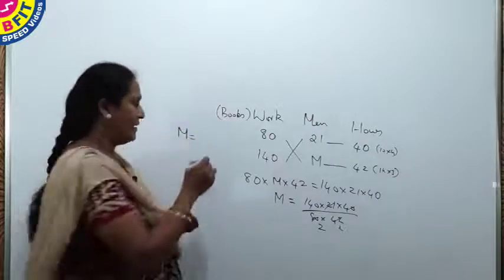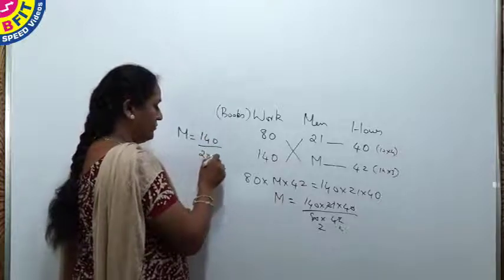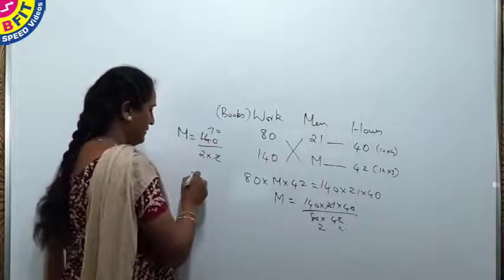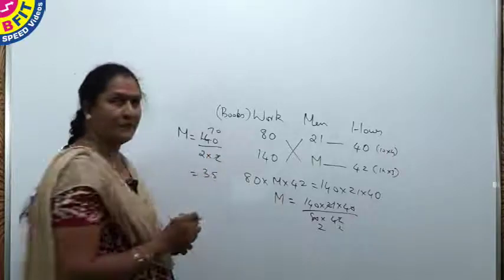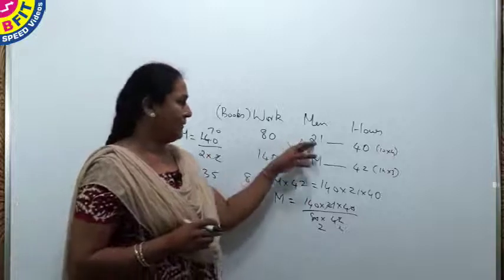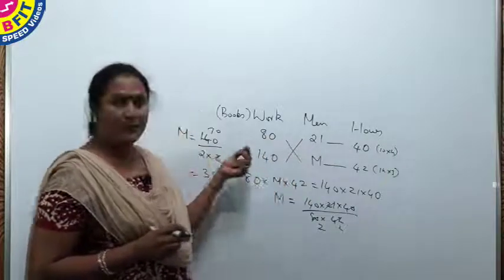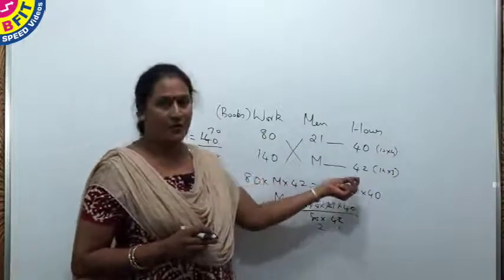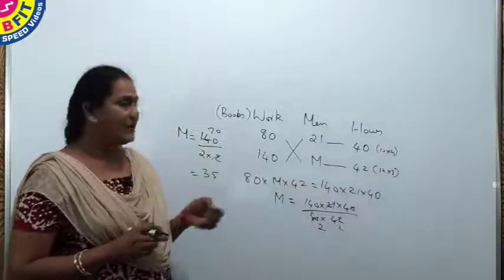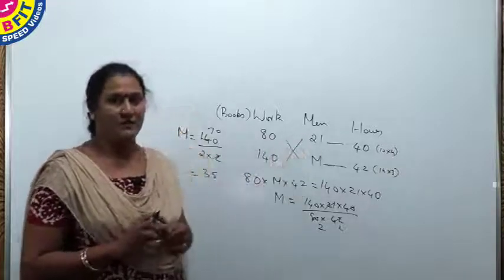So the number of men is 140 by 2 into 2, which is 70, and equal to 35. So we have got the answer as 35 men. So if 21 men can print 80 books working 40 hours, to print 140 books working 42 hours, we need 35 men. Here we have both the concepts, direct and inverse variation.